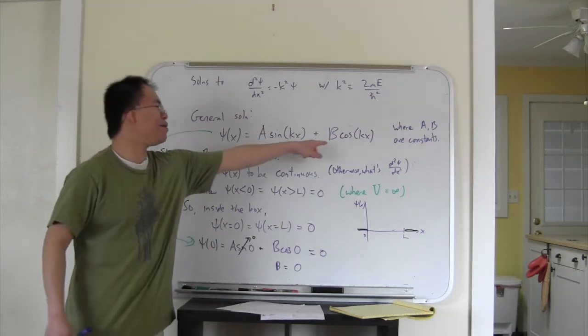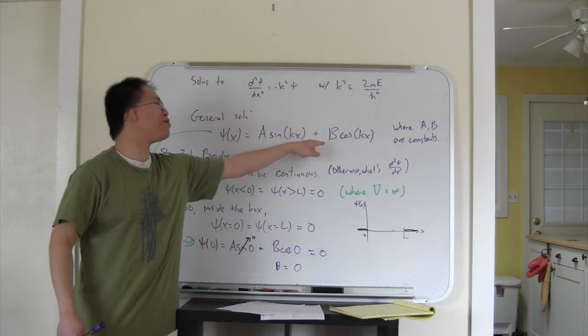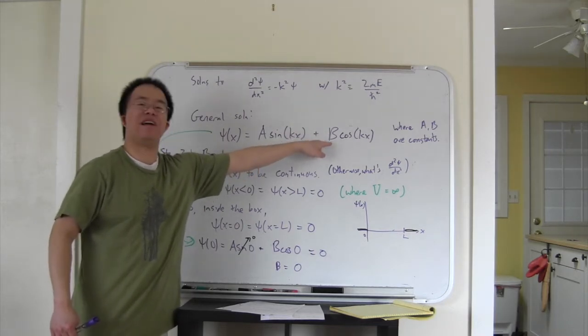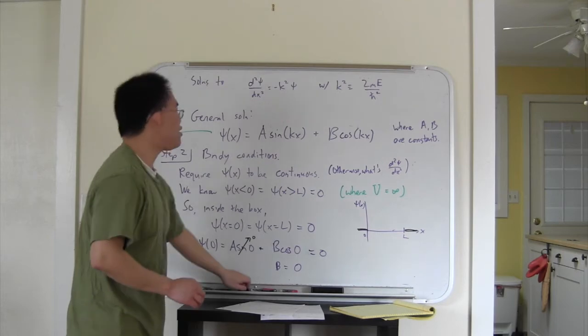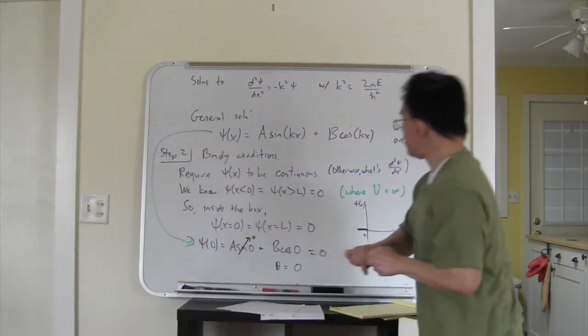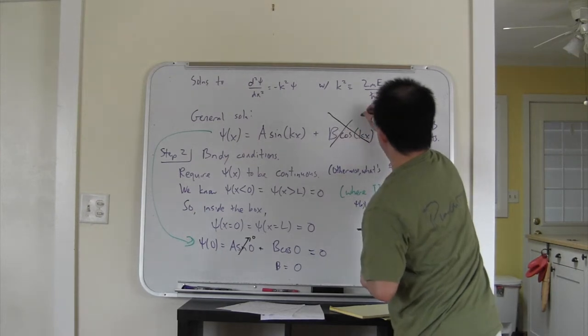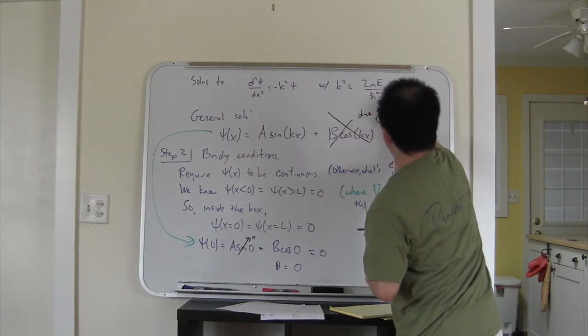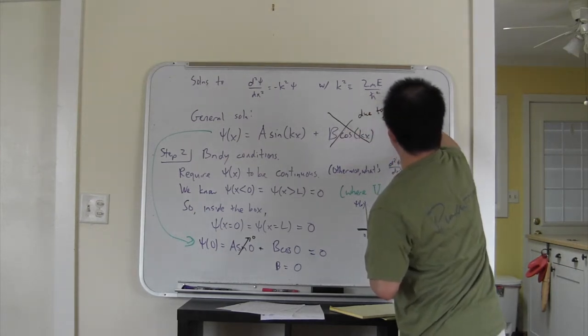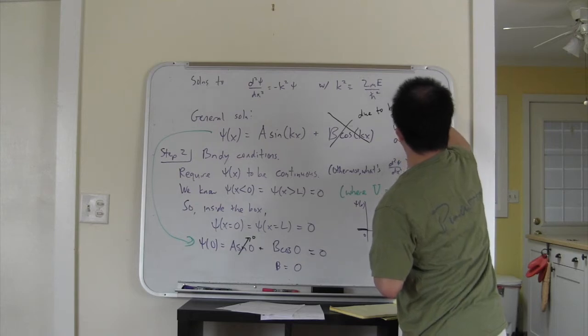And lo and behold, we know from the boundary condition that this term has to vanish. So I'll cross that out, due to the boundary condition at x equals 0.